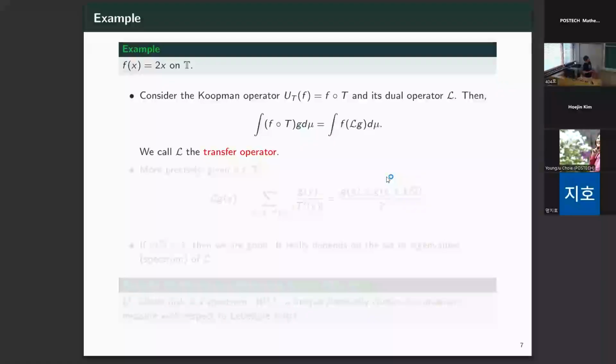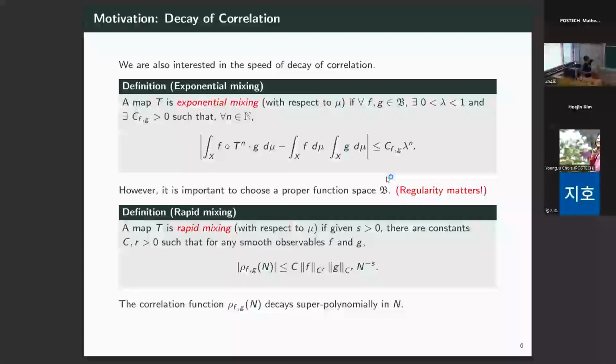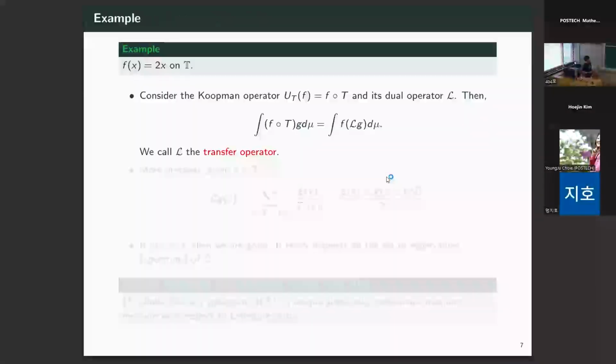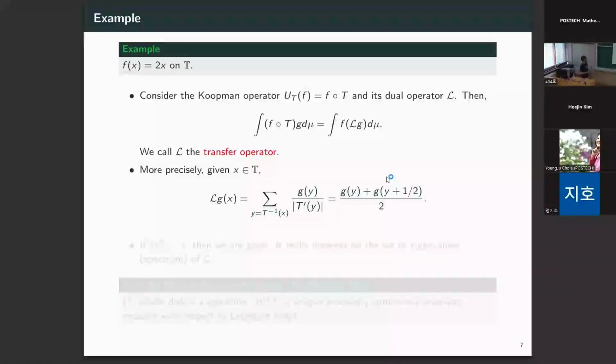To compute the correlation term, we have f composed with T. Here I wrote the use of T as a composition. To recalculate the correlation part, here I just wrote L as a dual operator. But in this case, I didn't define the function space. L is just the dual operator of the Koopman operator, and the Koopman operator is just composition. So we call L the transpose operator. In this case, we can write an explicit form: L of g can be written in the following way.